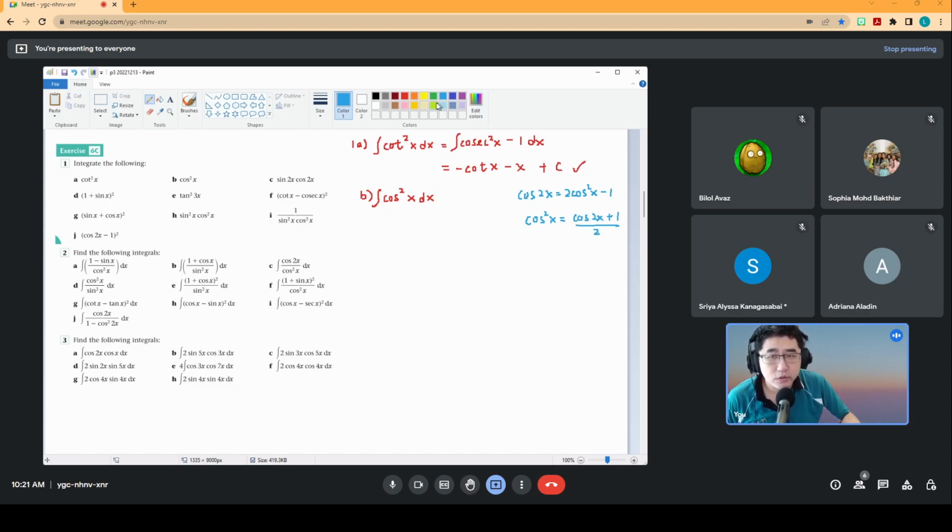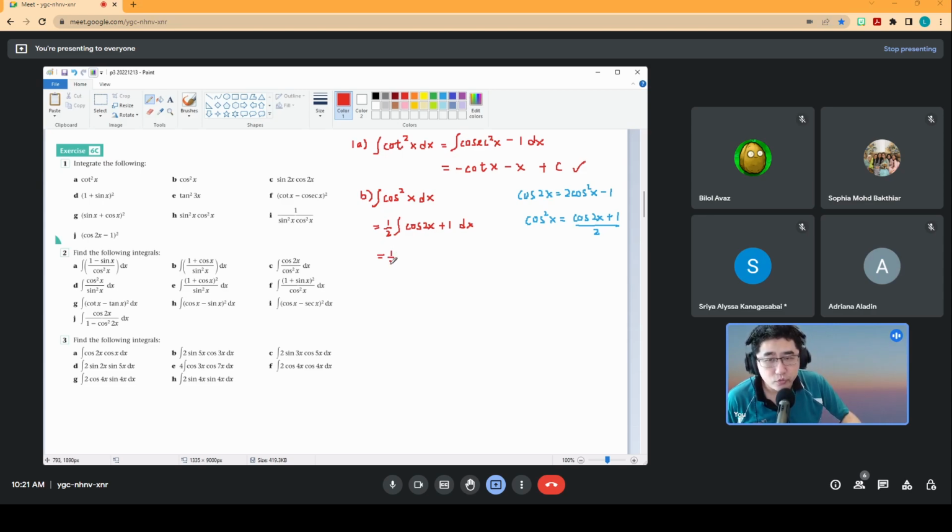That means this question here, I can change it into 1 over 2 of the integral of cos 2x plus 1 dx. As you can see, we managed to change the power 2 to power 1. Once I change it into this form, I can use the rule together with rule 17.